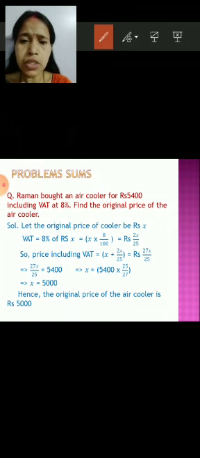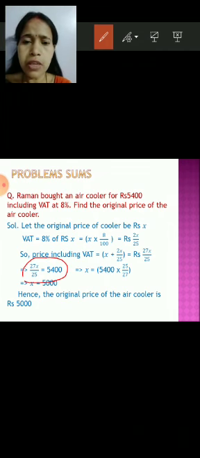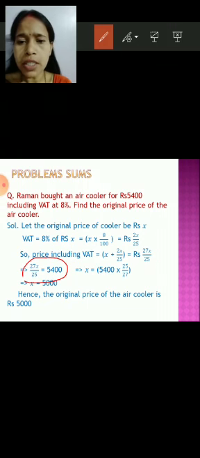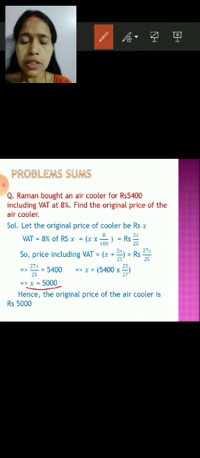So 27X by 25 will be equal to 5,400 because on this amount he has bought the cooler. So X equals this much. Calculate it and you will get the value of X, that is 5,000. See it over here. Hence the original price of the air cooler is rupees 5,000.